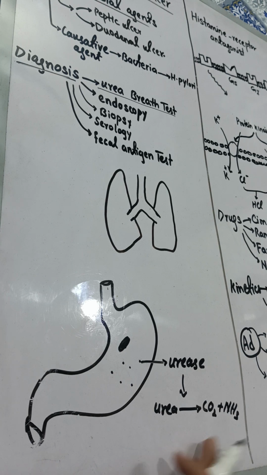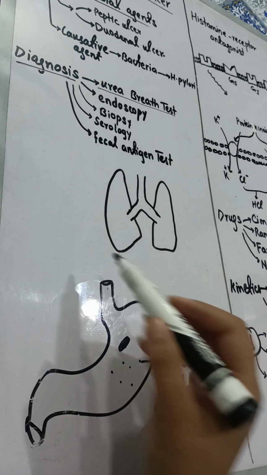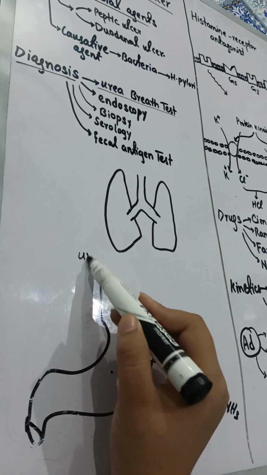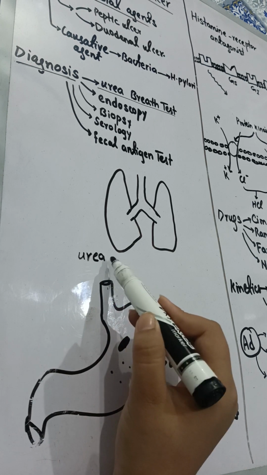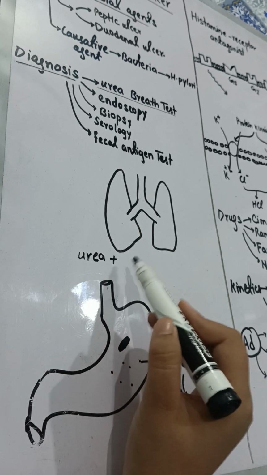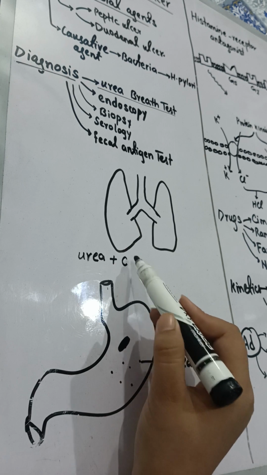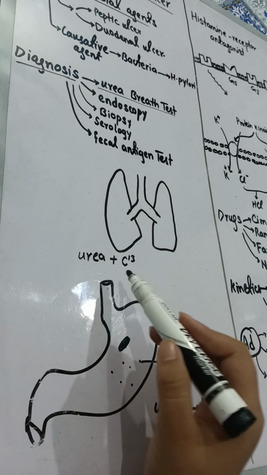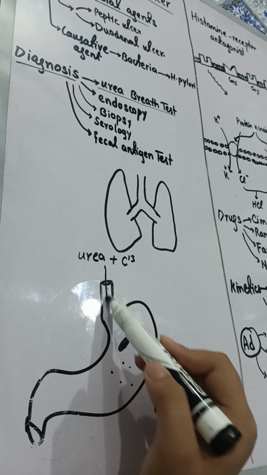Now, how will we perform the urea breath test? In that test we give the patient a medicine which contains urea plus an isotope of carbon, carbon-13. Both of these enter the stomach.